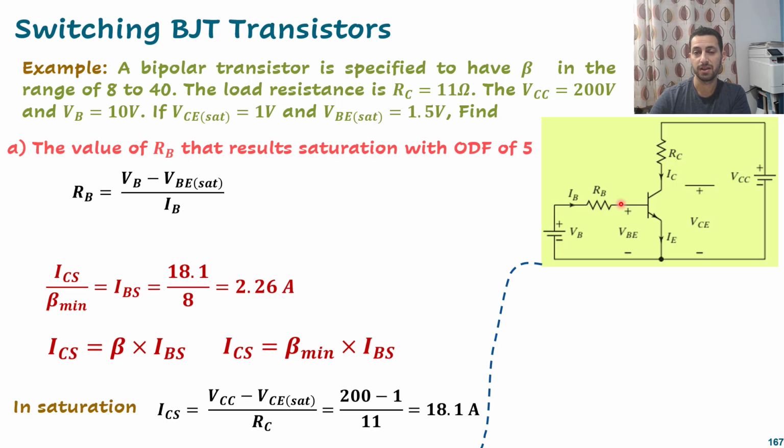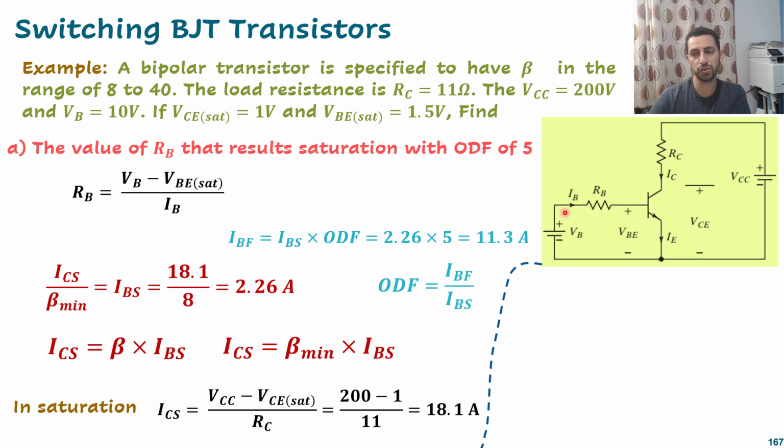But this brings me to the edge of saturation. I have to push it more into saturation by providing the overdrive factor. It's given here that the overdrive factor is 5. That means I have to multiply this value by 5, and that will generate 11.3 amp. It's a very high value to push into the base, but this is just for the example, okay?